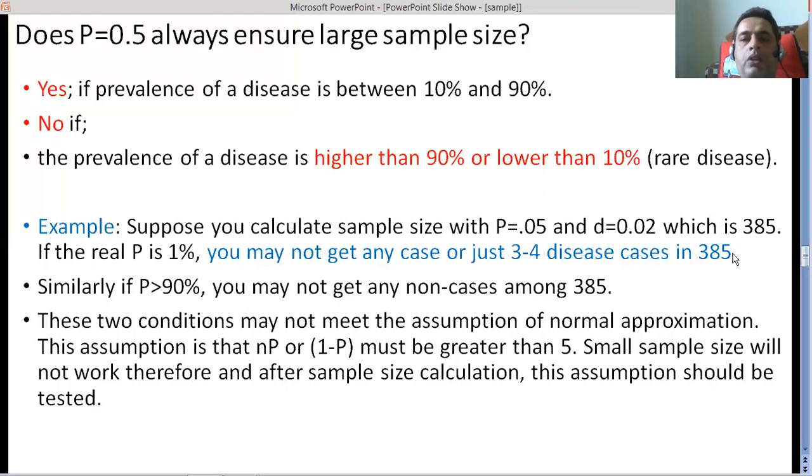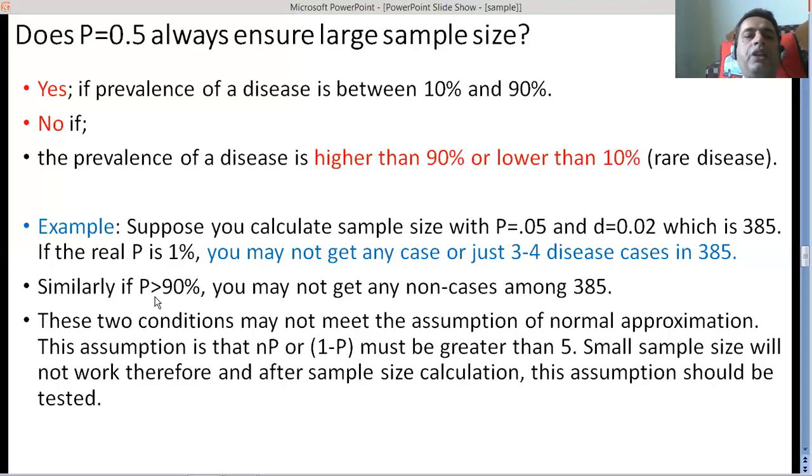So your calculated sample size is telling you that if the disease prevalence is 1%, for instance, and you have taken it as 5%, then you may not get any case or just 3 to 4 cases in your entire sample. It means your data would not be correct. It would be misleading in many senses.